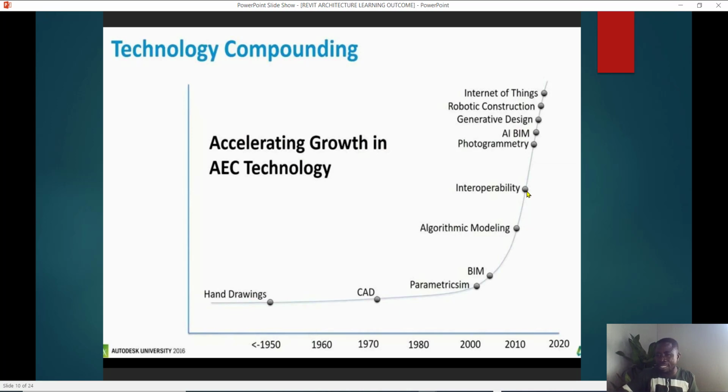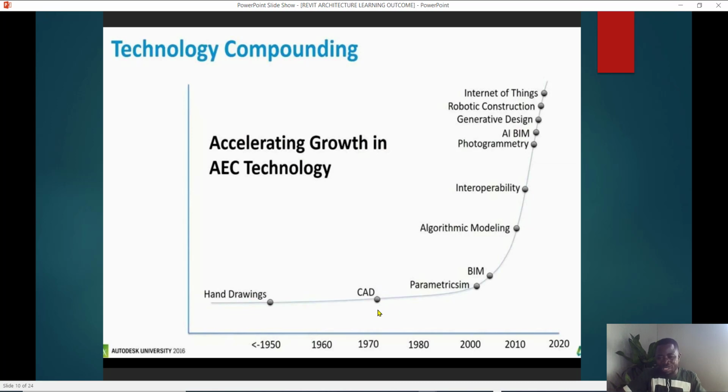Artificial intelligence was introduced into BIM. That brought about generative design, robotic construction, and the Internet of Things. And now we are getting straight into situations where we are going to have the metaverse introduced into it. I'm sure between 2023 and 2024, it is going to explode in that area. So you see, if you check the space, it is long overdue.